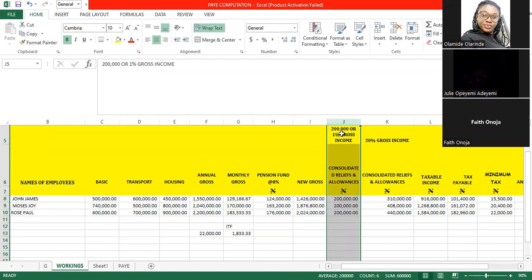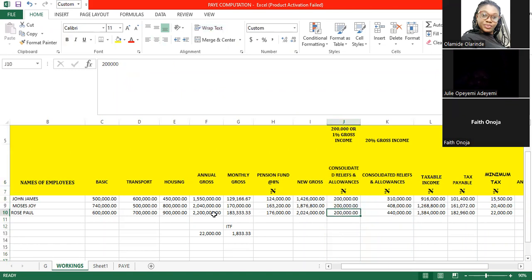The first is 200,000 or 1% of gross income, and you pick the higher of the two. Based on what we have done, 200,000 is higher than 1% of this gross income, so we are picking 200,000.